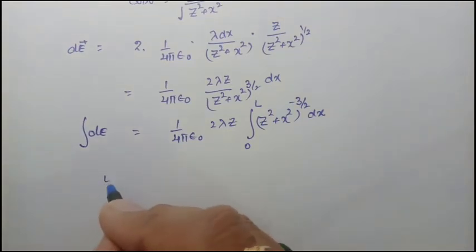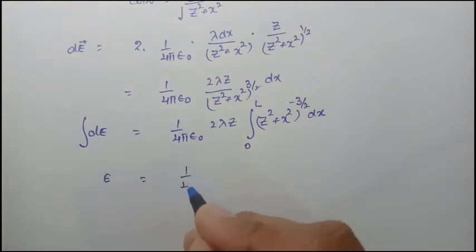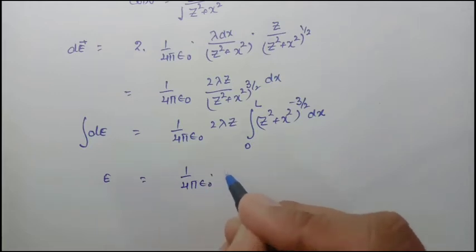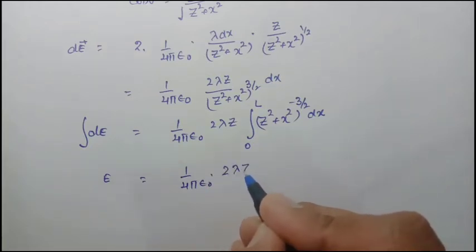So what we get is E equals 1 over 4 pi epsilon naught into 2 lambda z.